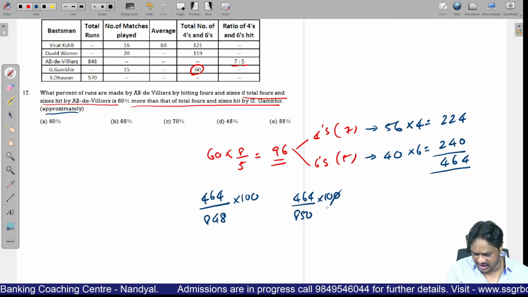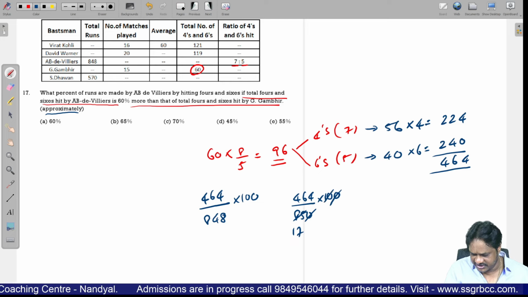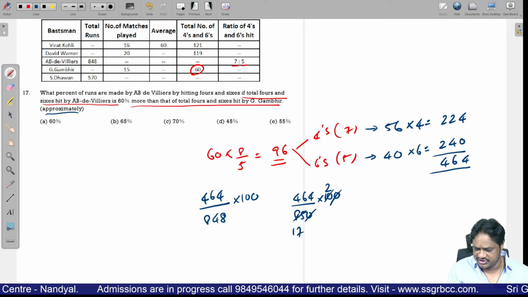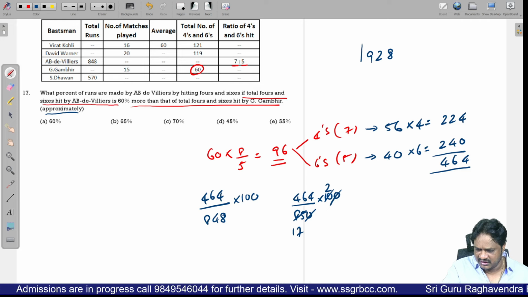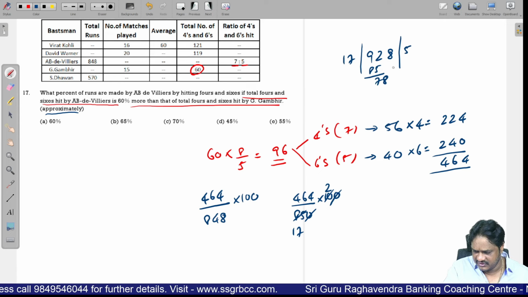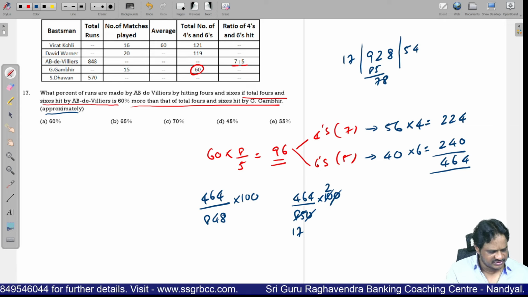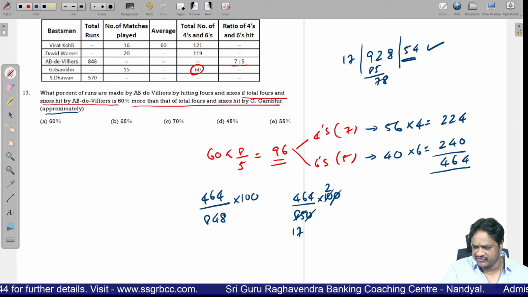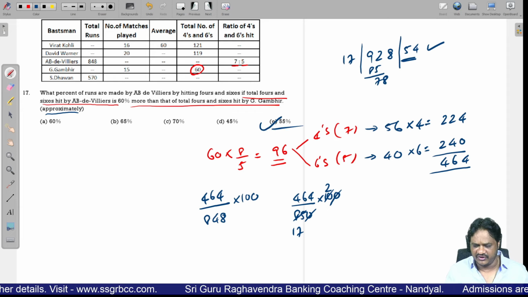Let us do the calculation. 464 into 2, 928 divided by 17. 17 5s, 85. Again 17 4s something. So we are getting approximately 54, equal to 55.